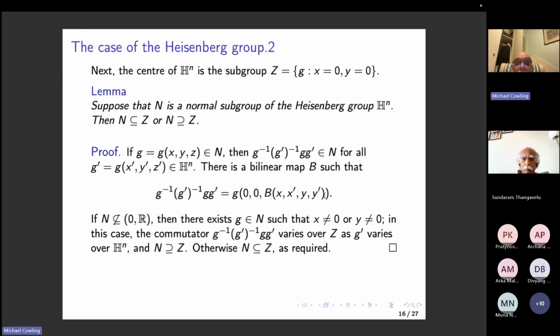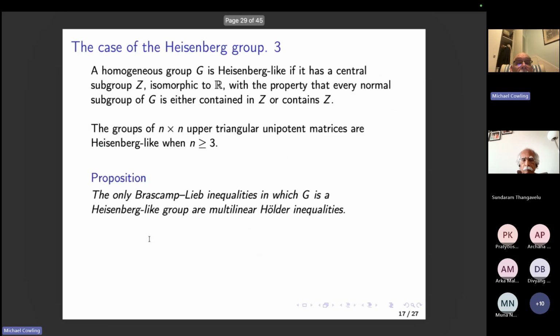And in this case, when you look at the commutator and you let X prime and Y prime vary over n vectors and n vectors, then this bilinear form attains all real values. And so that means that every element of the center appears in this way. And that means that N has to contain the center. And otherwise, N is contained in the center. So it's really quite easy to say that this lemma is not very difficult.